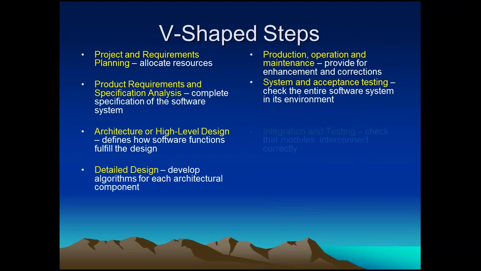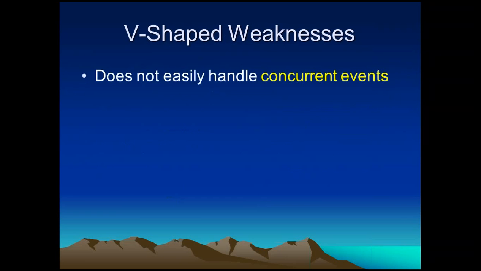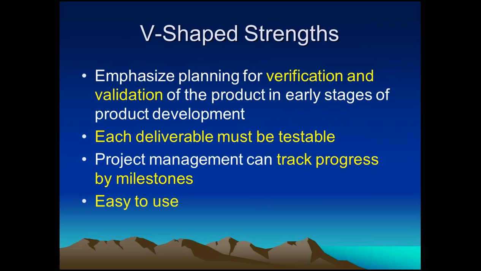Okay, excellent to hear. But what are the advantages and what are the disadvantages with this particular model? So the major advantages, we can say, major verifications and validations will be done at each and every level, and each deliverable must be testable. So if you do one activity, definitely that activity will be tested.